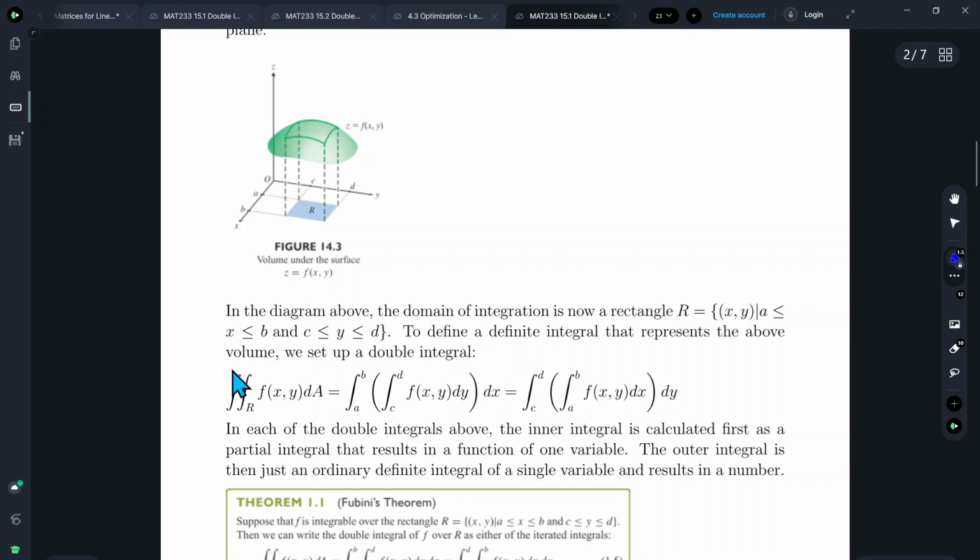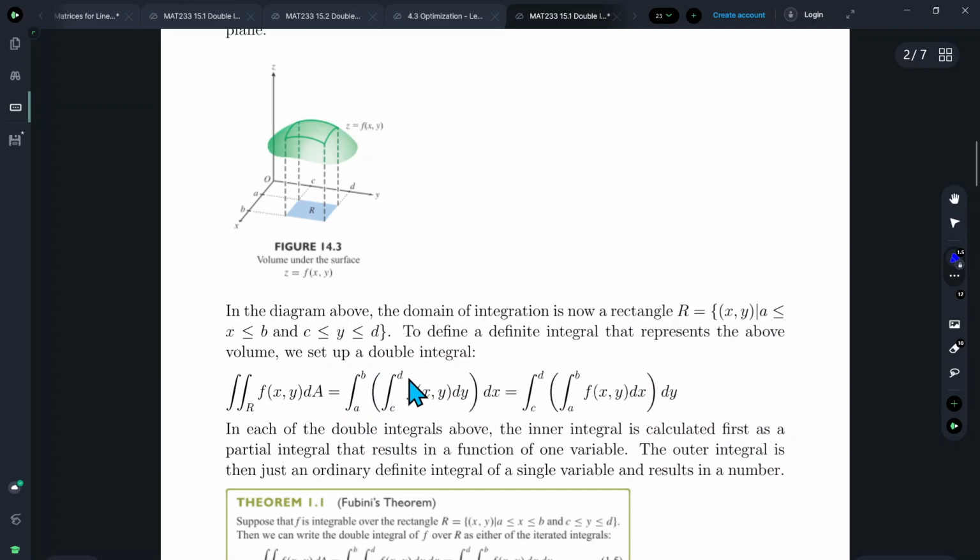So this is how we represent a double integral, but how is it actually calculated? Here, because both x and y are varying, the double integral is going to involve both variables, and you have to decide which variable to integrate first.